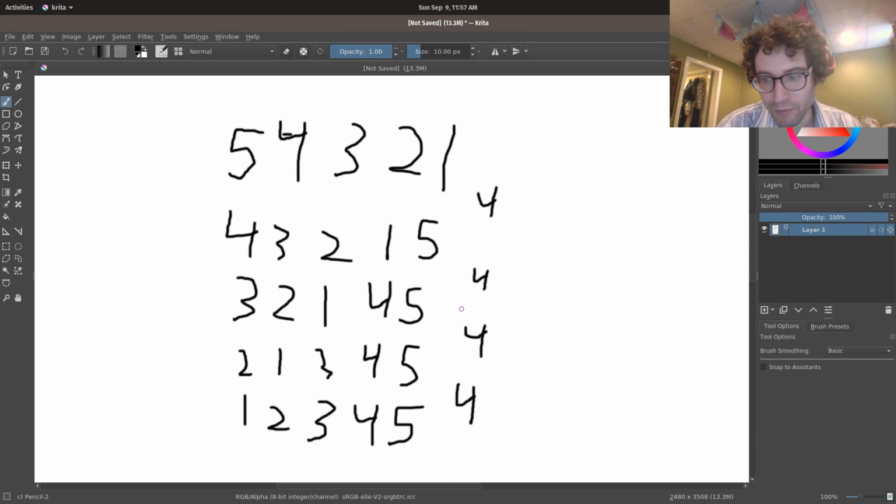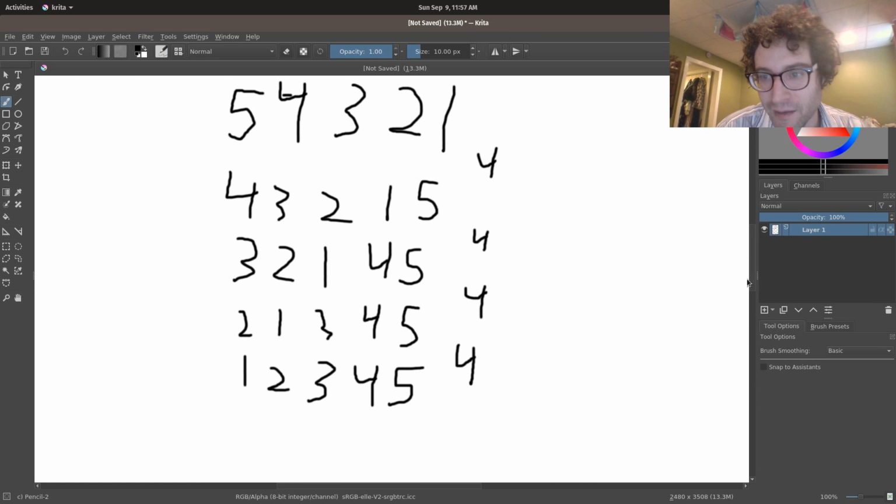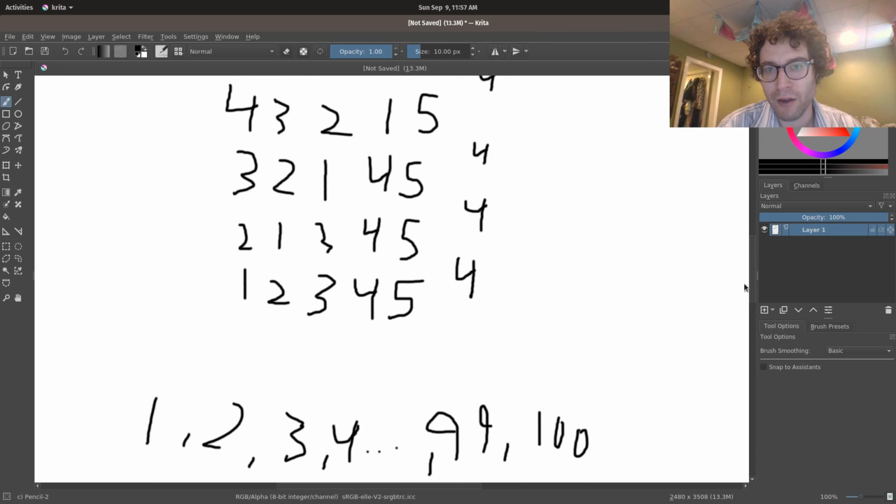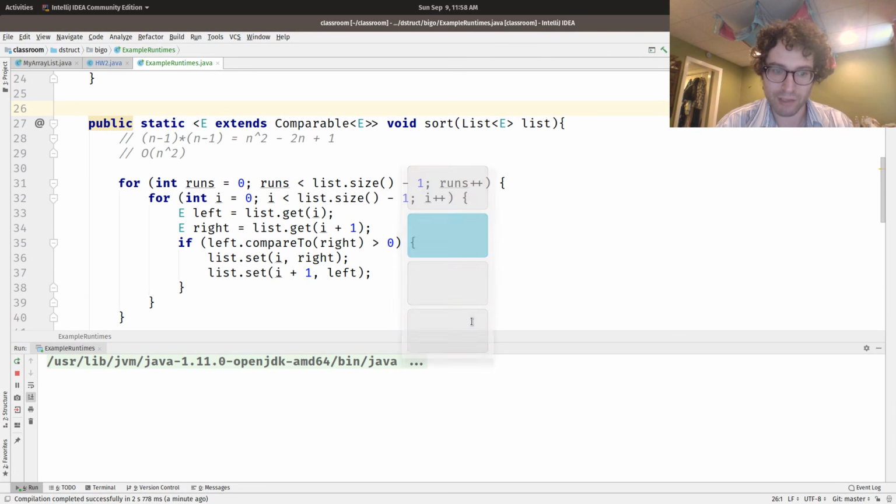Adding another item would make us do 6 runs of 6 pairs, right? And adding another item would do 7 runs of 7 pairs. So not only are you adding in more work just from adding that item, but each of the previous runs that you would have to do, each of the other numbers now has more work to get sorted, right? This is still running. So it takes a substantially long time.